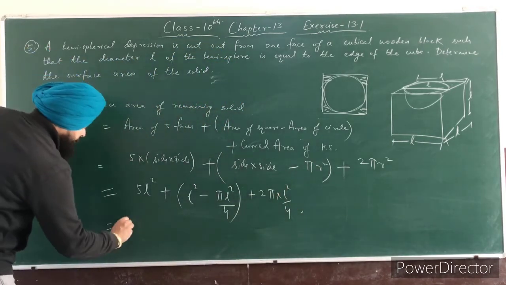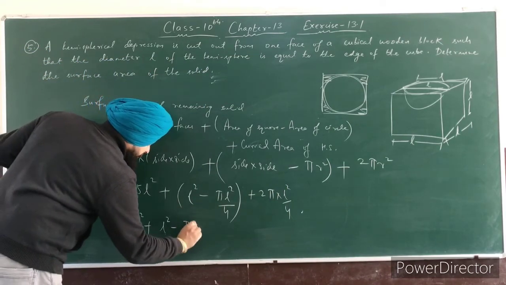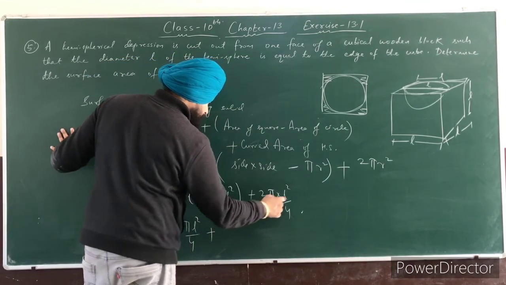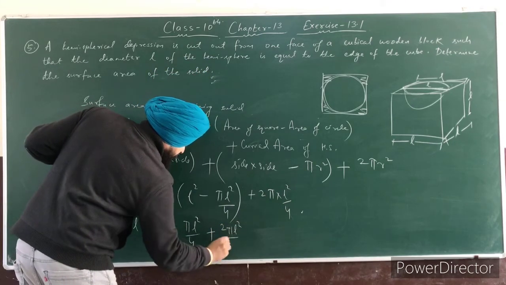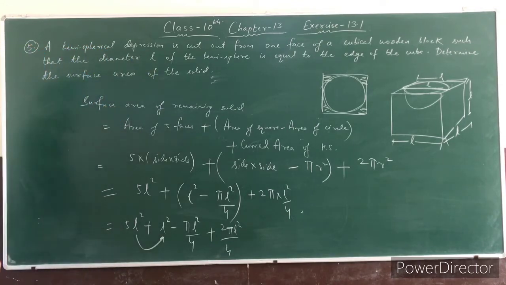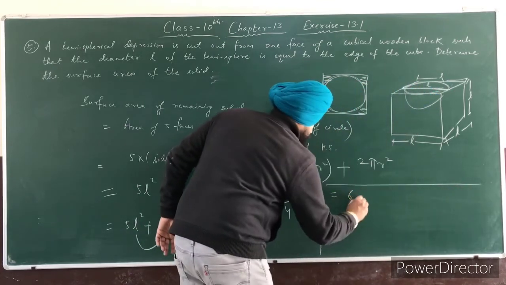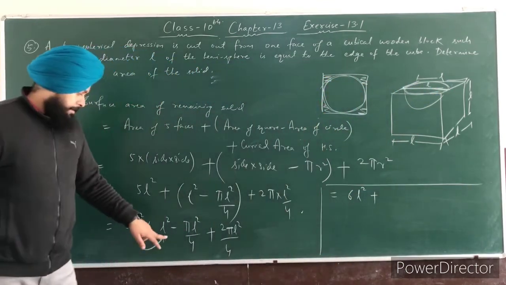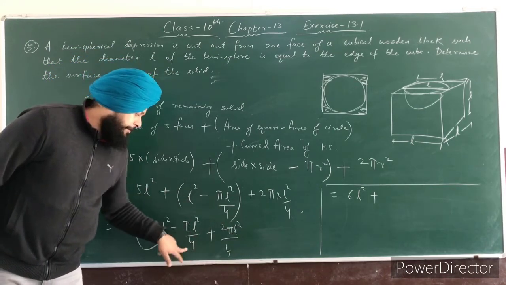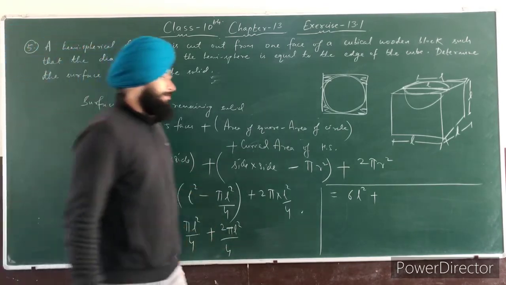Now for the brackets: 5L square plus L square minus pi L square by 4 plus 2 pi L square by 4. Now 5L square plus L square is 6L square, plus minus pi L square by 4 plus 2 pi L square by 4. The denominator is the same. So minus pi L square plus 2 pi L square. It is only pi L square.